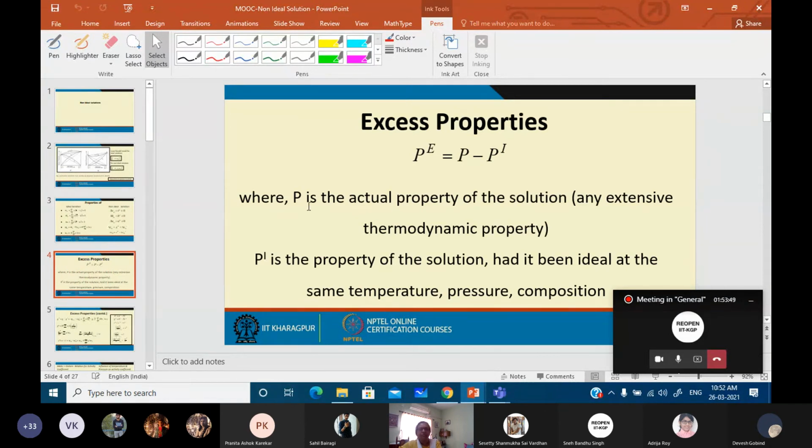It is the difference between the actual property of the solution, which can be any extensive property, definitely not temperature or pressure, and the property the solution would have had if it been ideal at the same temperature and pressure. This is what we mean by excess properties.